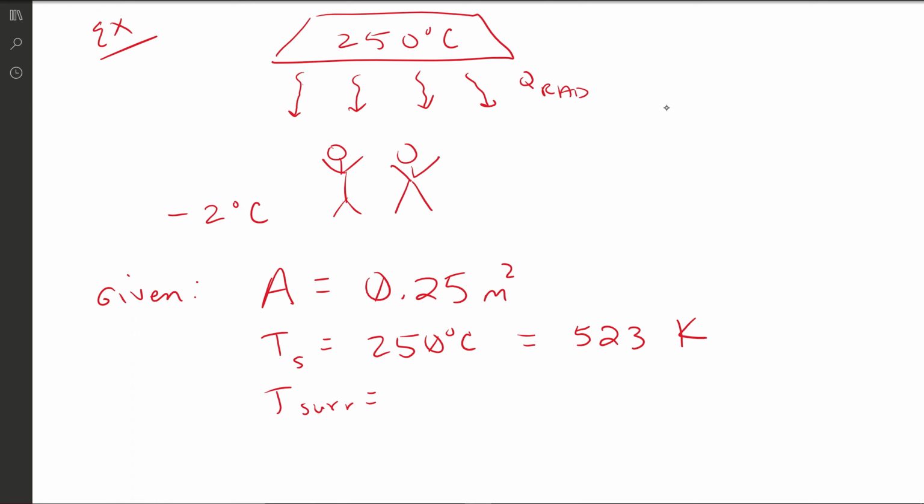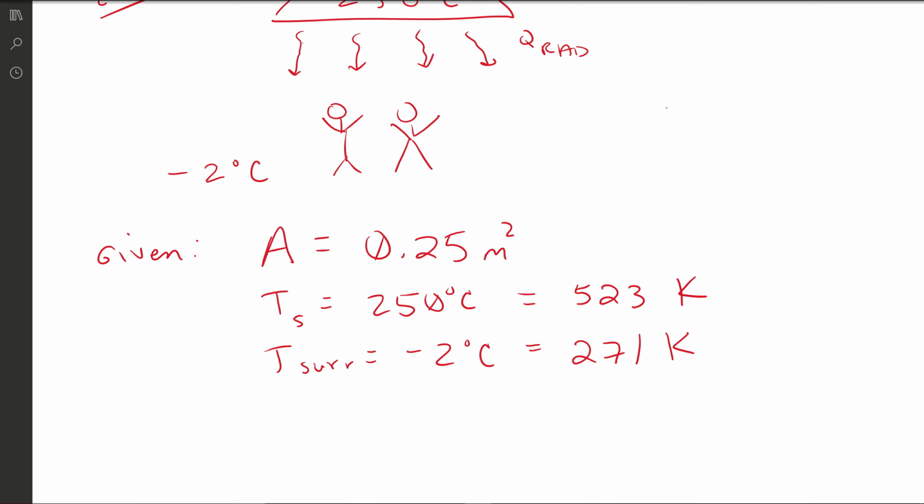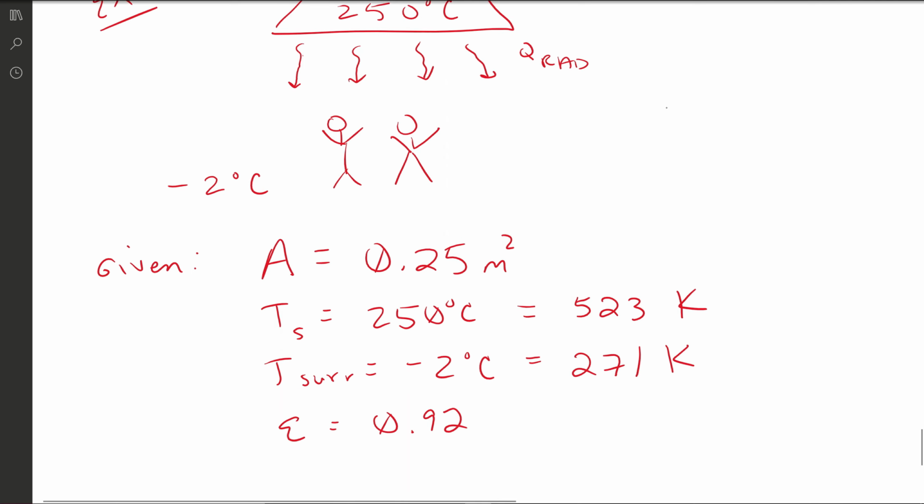T surrounding is negative 2 degrees Celsius, which is 271 Kelvin. And our emissivity of the surface, that E value, is 0.92. So the heat lamps in this diagram use radiative heat transfer to keep people warm in this outdoor setting while they're waiting for a train or something like that.